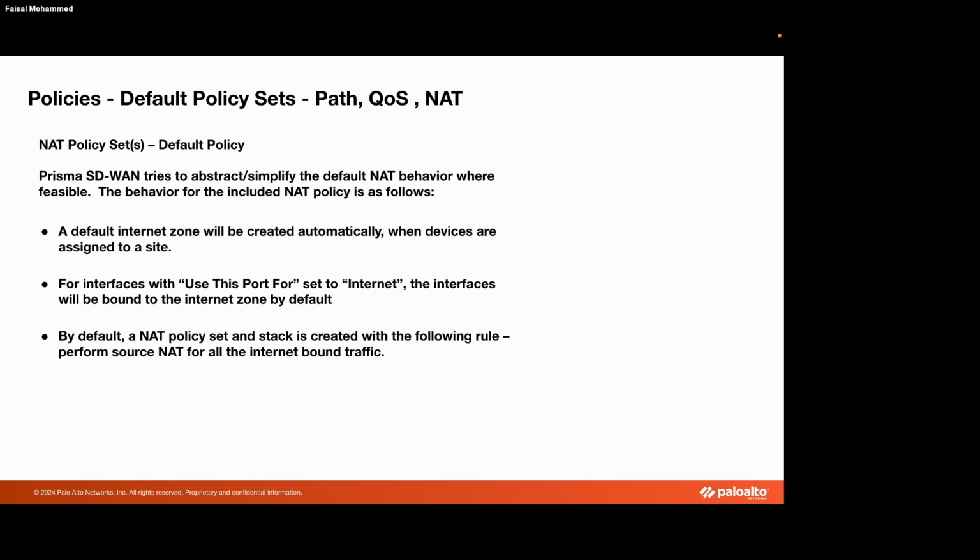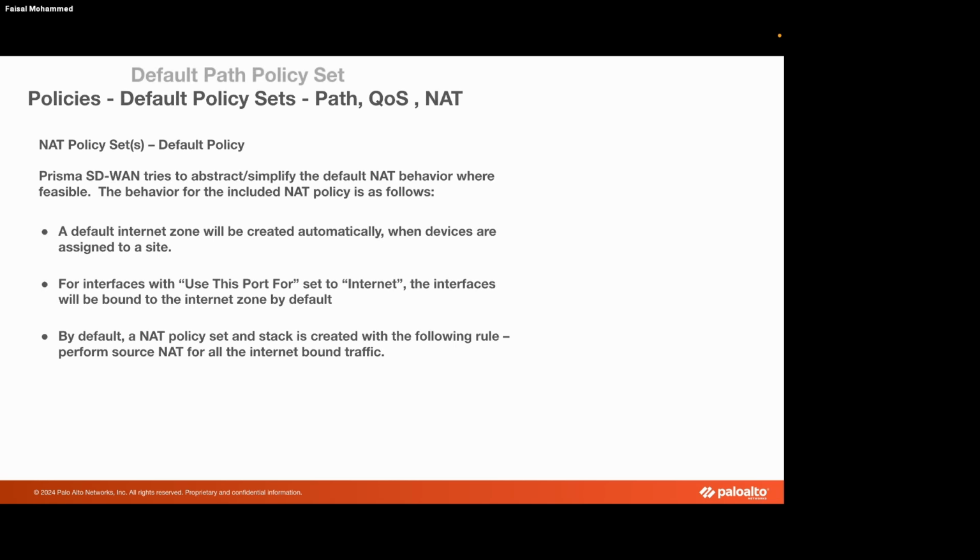While the internet interface gets bound to the internet zone, the NAT policy has a default destination rule which says any traffic coming towards this interface gets source NATed, SNATed, and forwarded to the internet, because the private IP is not routable over the internet. So the default SNAT is created for you, and it's part of your default NAT policy. The default NAT zone is also created, and the moment you select the port type as internet, it gets assigned to this particular zone.